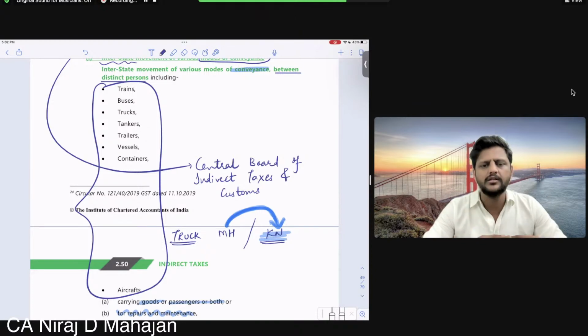When these vehicles are moving outside the state for the purpose of transportation of goods or passengers, clear, all of you? It is not supply. It is not supply of the vehicle. Are you getting my point or no?